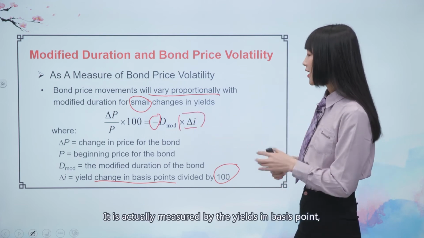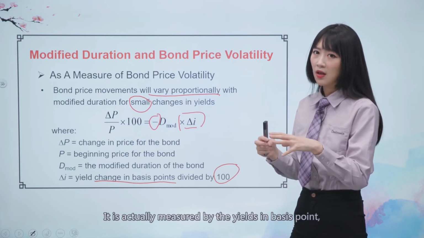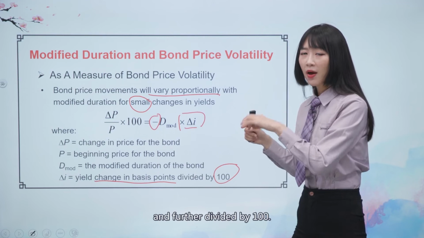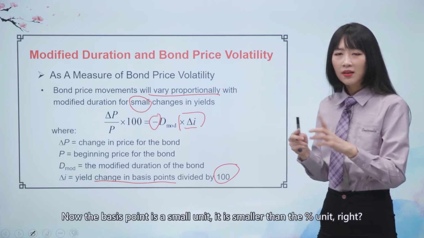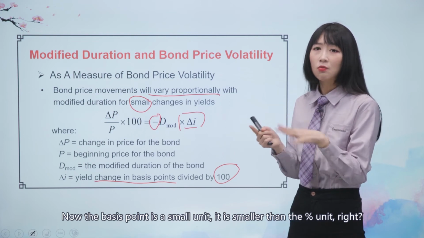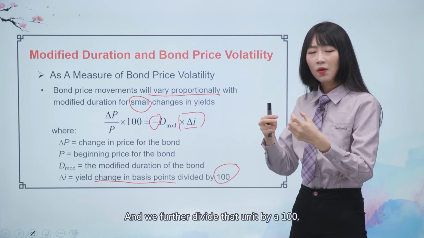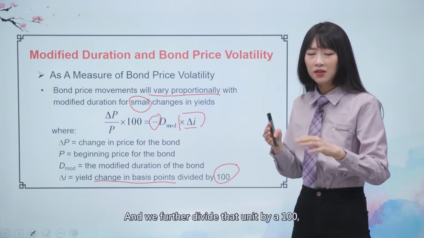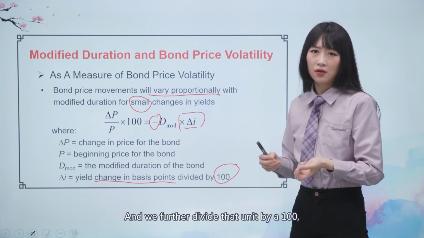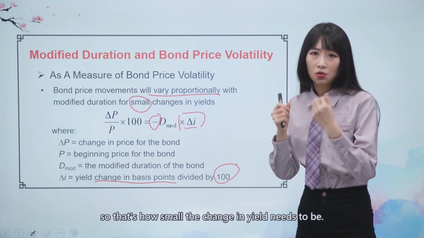It is measured by the yield change in basis points and further divided by 100. The basis point is a small unit, smaller than the percentage unit, right? And we further divide that unit by 100.